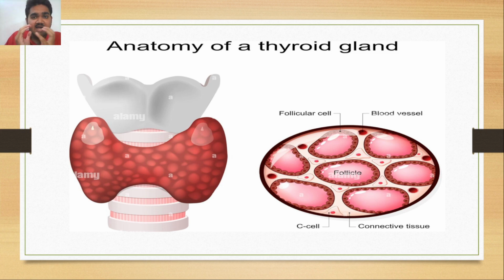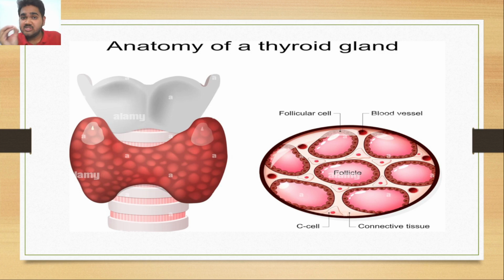So जब हम thyroid gland के अंदर देखते हैं so we see कि there are some big structural and functional units present inside our thyroid gland and that particular structural and functional unit my dear friend is known as thyroid follicular cells.